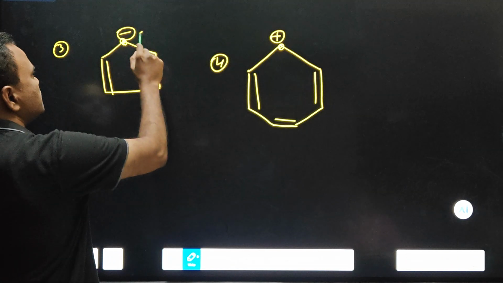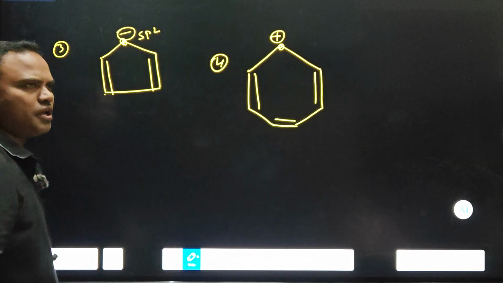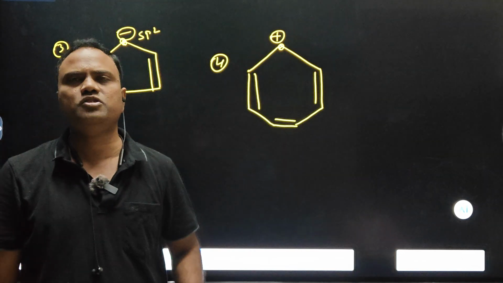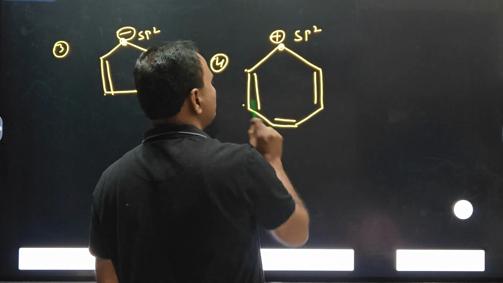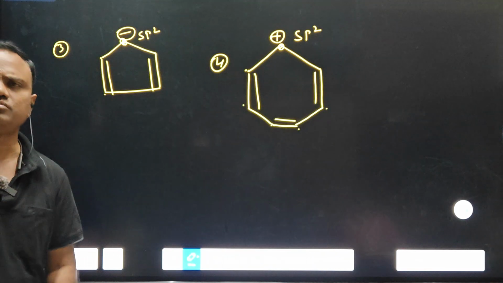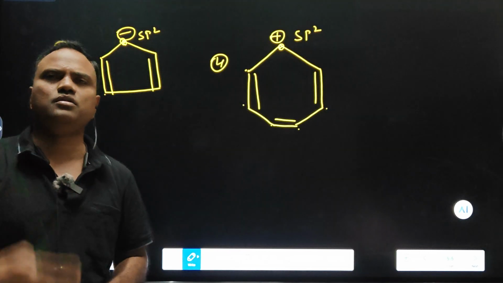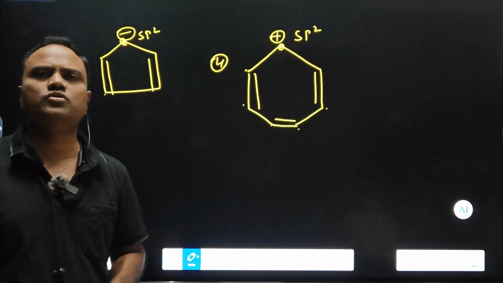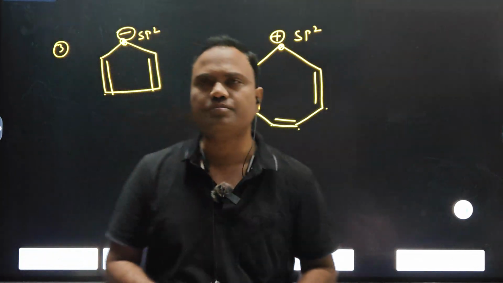Carbon with negative is sp2, and all are sp2 only. sp2 means planar. Here carbon with positive is sp2, and all are sp2, planar. If you do not check conditions in sequence, then you may get a wrong answer. That's why checking conditions in sequence is important.